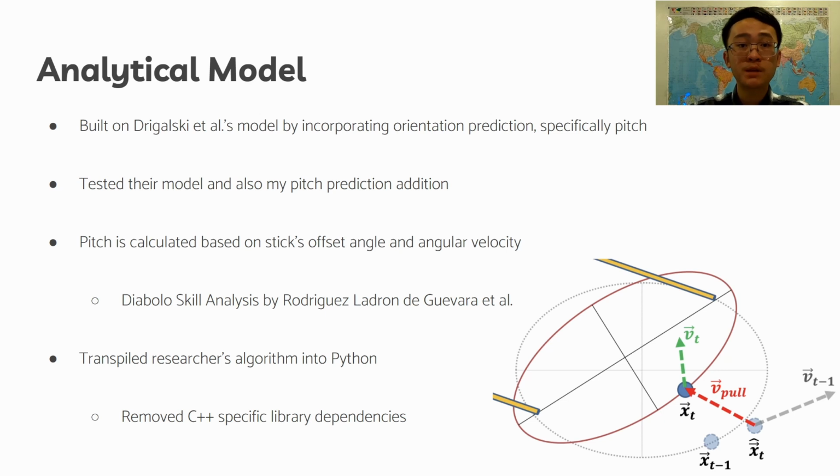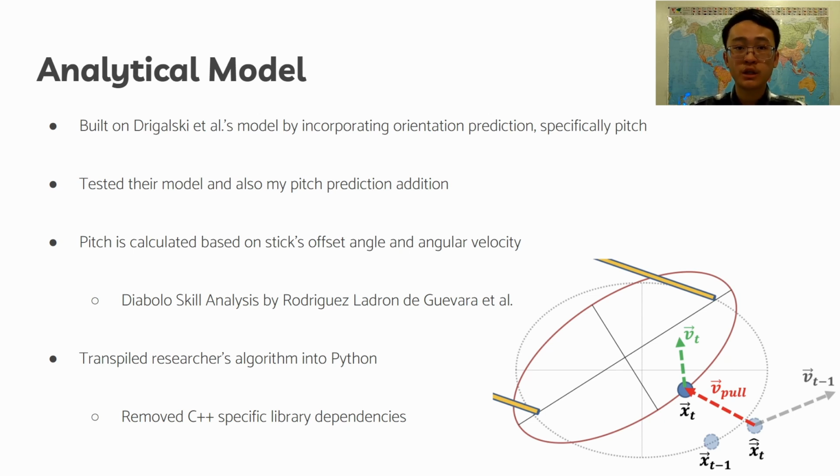The pitch is predicted based on stick offset position and also how fast the Diabolo is spinning, the angular velocity. The reason I use the stick offset position is that an article by Residual et al. called Diabolo Skill Analysis showed evidence of the relationship. Using mechanics insights from physics, I also determined that angular velocity had an effect.